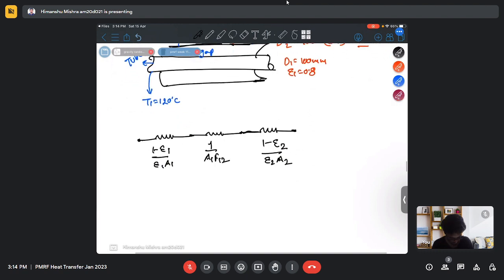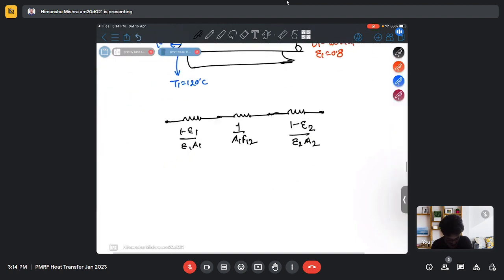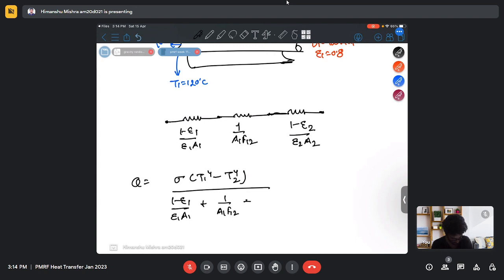So my heat transfer will be this, the total heat transfer between surface 1 and 2.